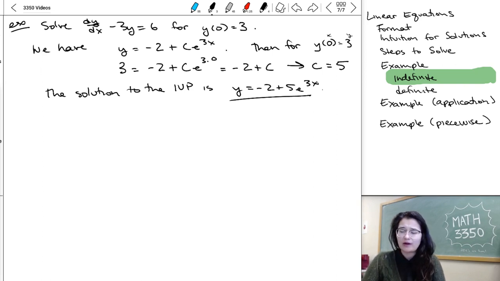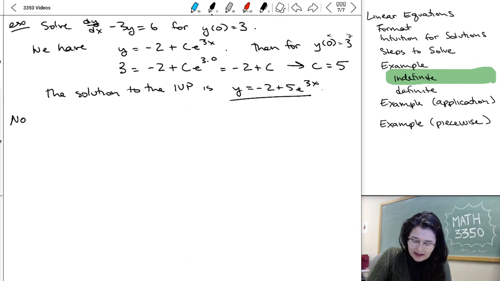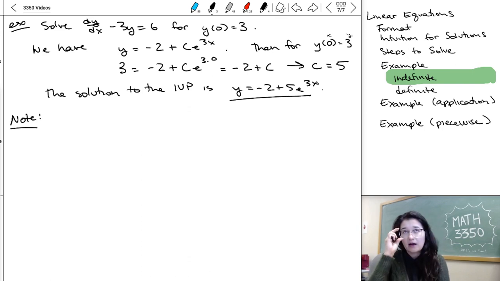I do want to real quick talk about general solutions versus solutions to initial value problems, and relate it back to what we saw in our section on direction fields, because sometimes people are confused about why sometimes we have general solutions versus initial value problem solutions.